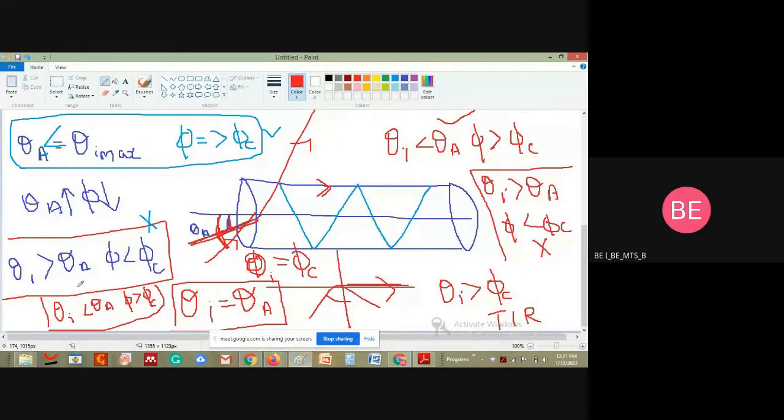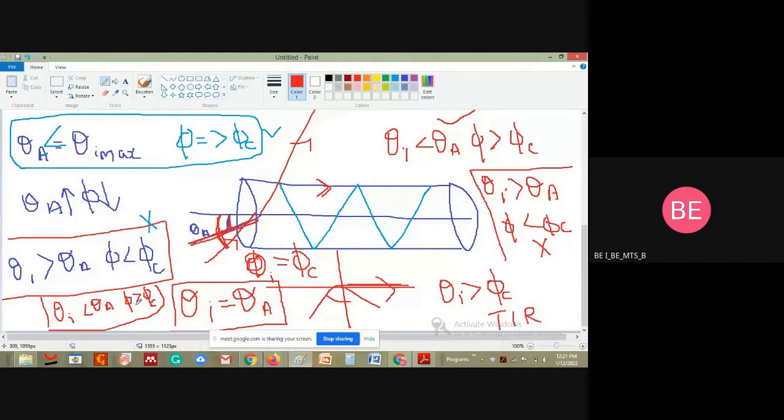And let me ask you another question. Let us see, at least you answered this question. So when the angle of incidence goes beyond this theta A, what happens to phi? When theta I is greater than theta A, what happens to phi? Phi will go below phi c.